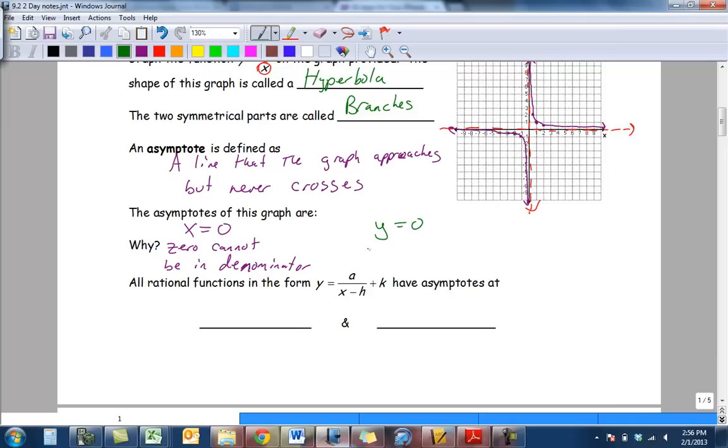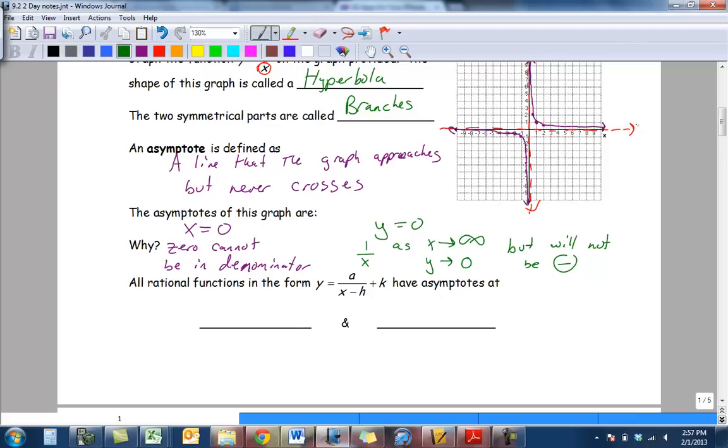Why is that one? Because 1 divided by x, as x approaches infinity, y approaches 0, but will never be negative. Right? Even here, when it's negative, it approaches 0, but will never cross into the positive zone. As x approaches infinity, y approaches 0, but will never cross it.